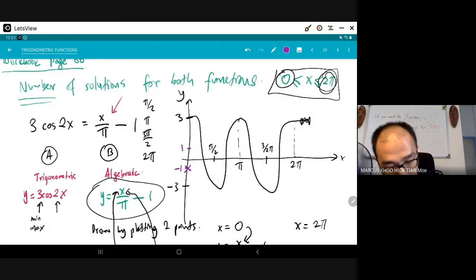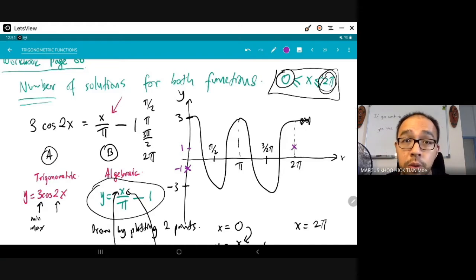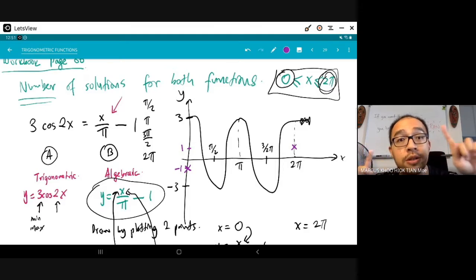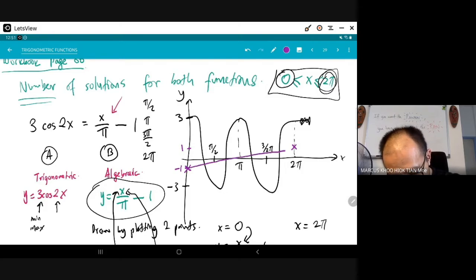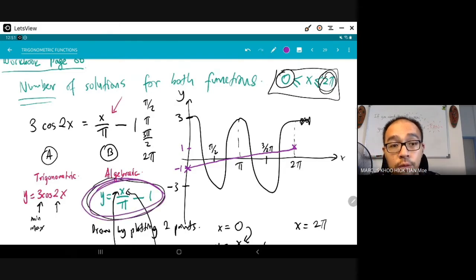Because you already have 2 points, it's going to be a straight line. So when we connect this straight line, this graph is the graph of y equals x over pi minus 1.